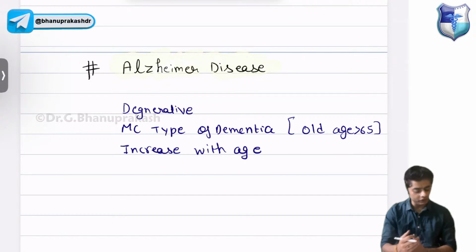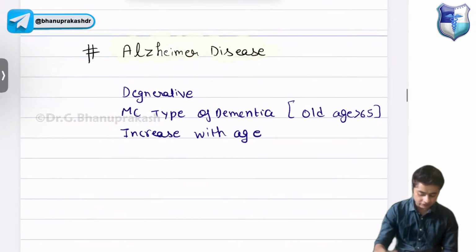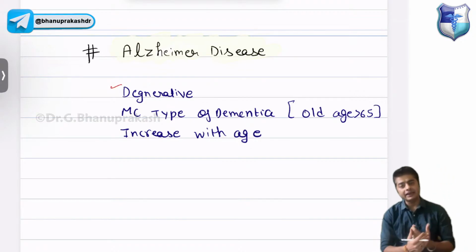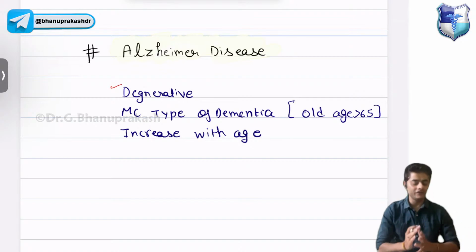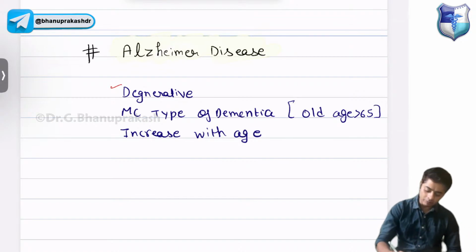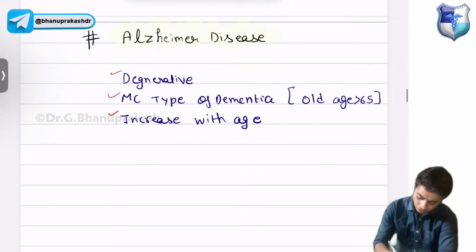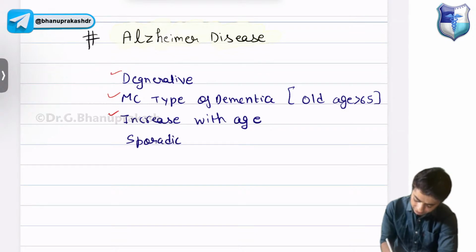We will discuss frontotemporal dementia in further slides. Yes, Dheeraj, if we are saying young onset dementia, then we will say frontotemporal dementia. Alzheimer is the most common type of dementia, increases with age. It is also a sporadic type.